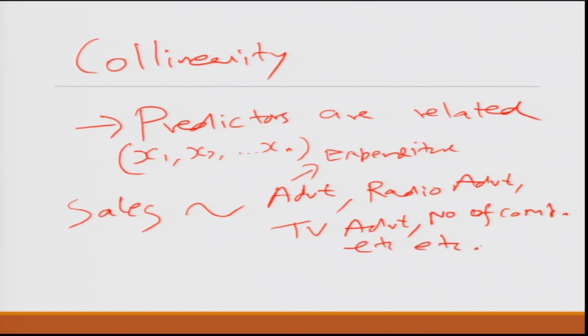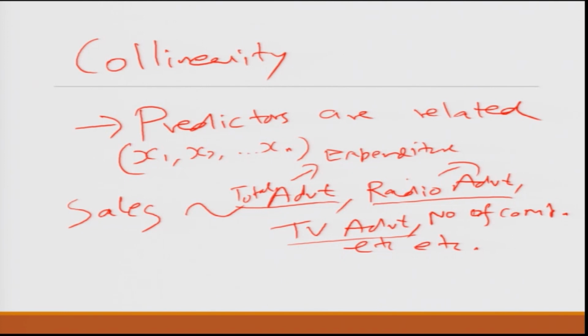Let me be more explicit. This is the total advertisement, there is radio advertisement, there is TV advertisement, and there may be other forms of advertisement. Now, you may build a model and each of these variables can come out to be significant.